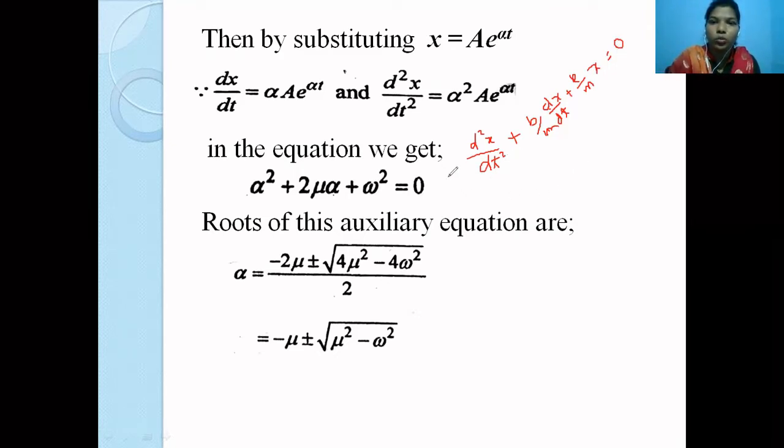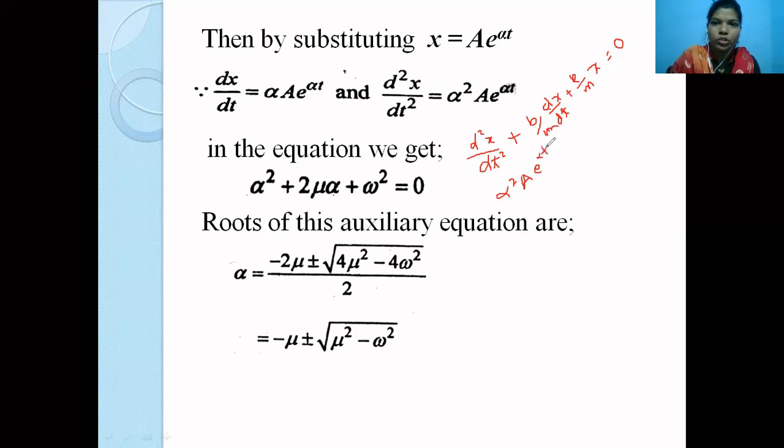I'm going to substitute the values of d2x by dt square, dx by dt and x in the equation. If I substitute d2x by dt square, I get alpha square a e raised to alpha t. Then we have this b by m.